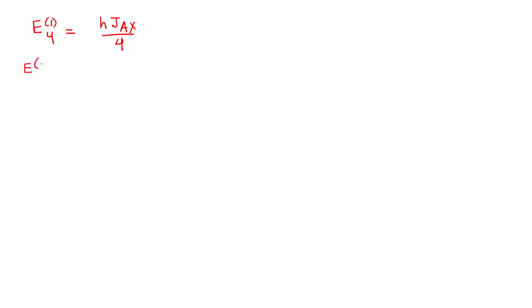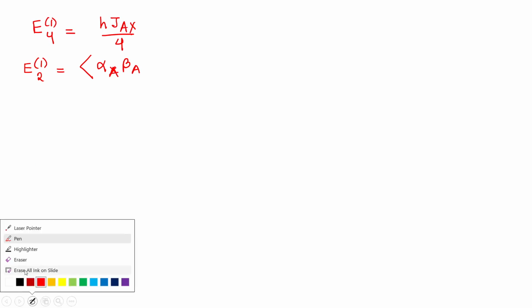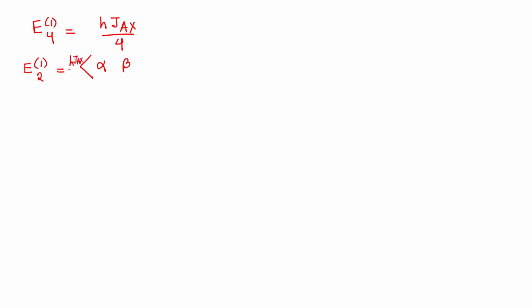Now let us do the second state, that was alpha A beta X, and your h J AX by h cut square is there. So actually we can do a step jump here.